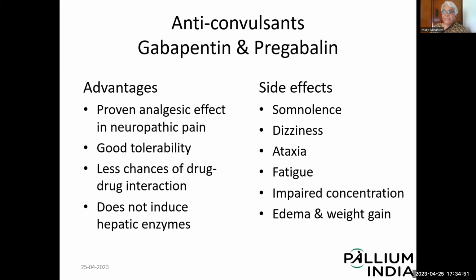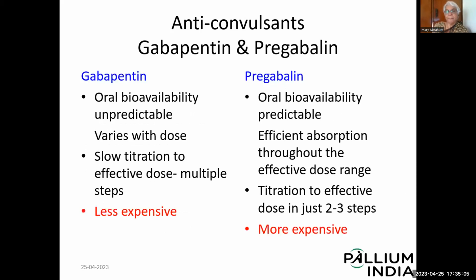When I told her about weight gain, she said, I don't want any drug that increases weight. So I had to tell her that she needs to take it because that's the only way she can get pain relief. But it's very important to explain it to the patient. Gabapentin is less expensive than pregabalin, but it requires a slow titration as compared to pregabalin, because pregabalin can be titrated in just 2 days, though it is more expensive.